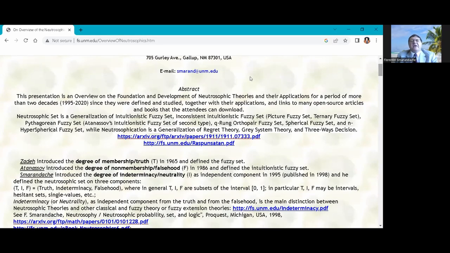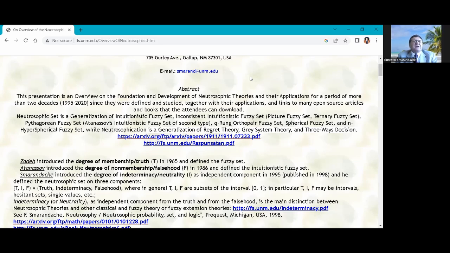The Neutrosophic theory started about 1995, and it was influenced by the triads we have in our everyday life, meaning opposites and the neutrals between them.